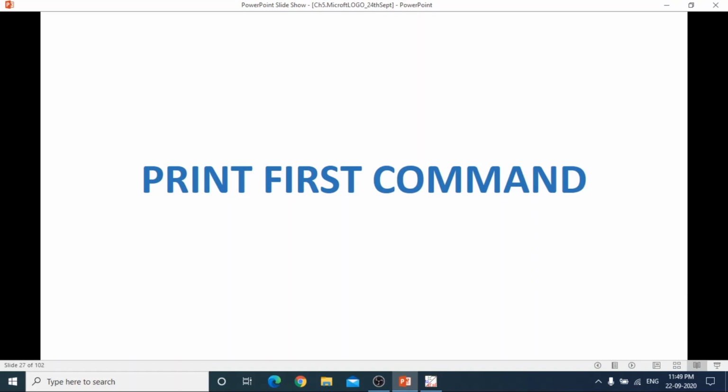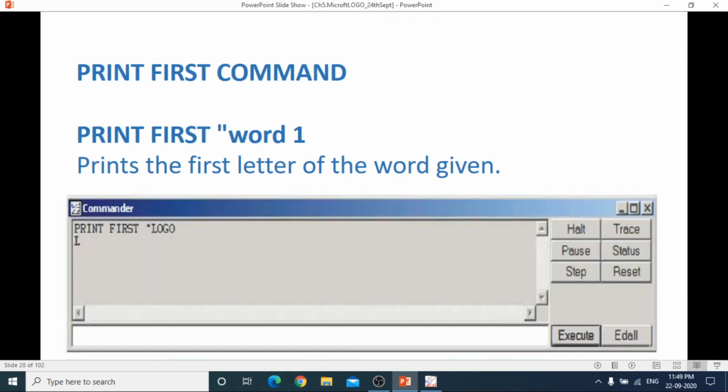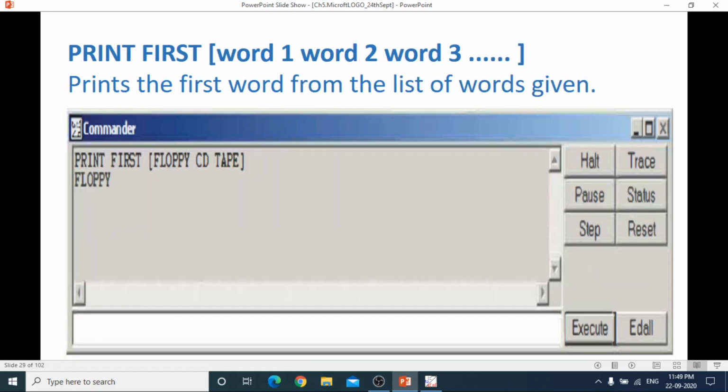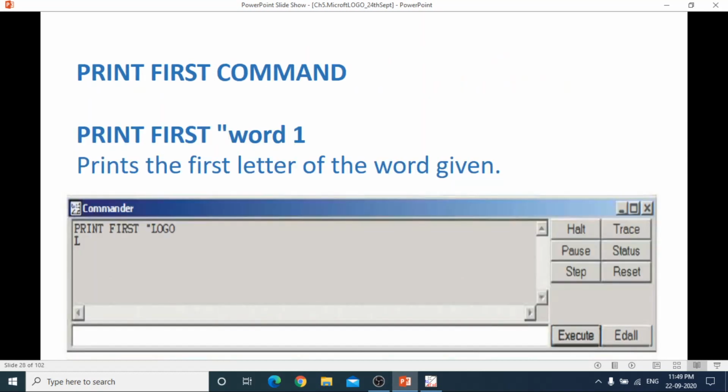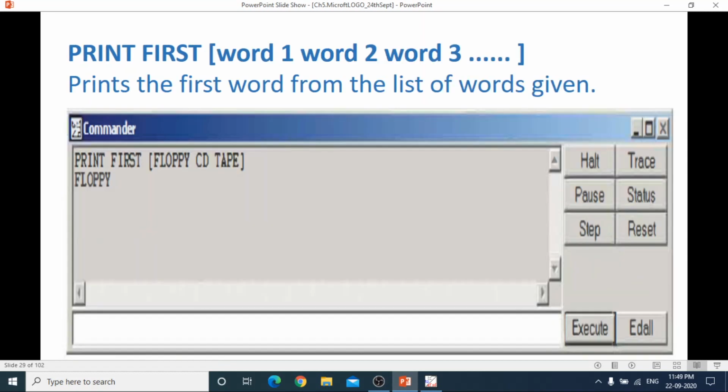Now we have the next command, print first. What will it do? It will print the first word. Before showing it practically, just see. For a single word we use print first, and for more than one word we use brackets. This is a square bracket.